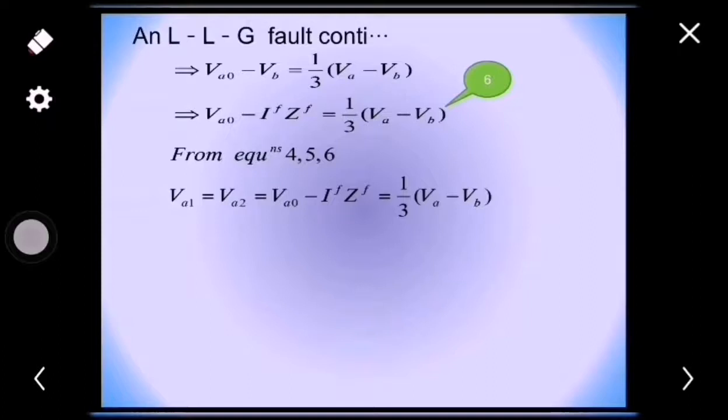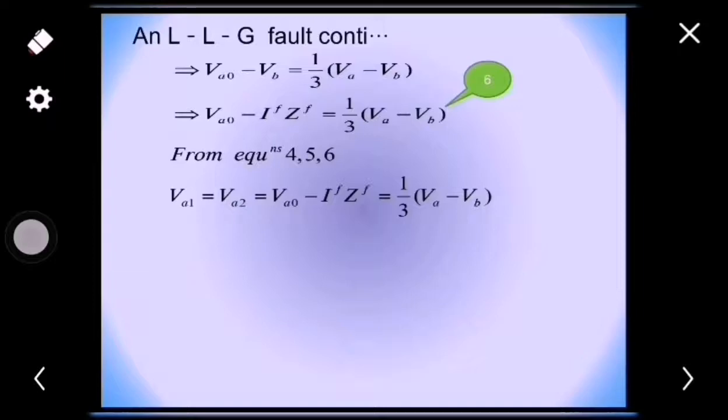It means these three voltage drops are equal. It is only possible when the connection is parallel. So this important relationship, that VA1 equal to VA2 equal to VA0 minus IF into ZF, will help us construct the interconnection of the three sequence networks.